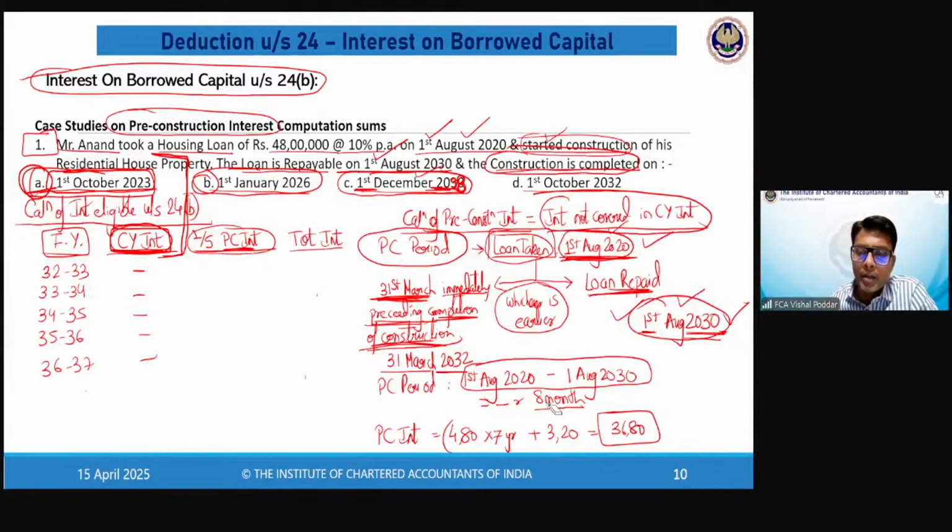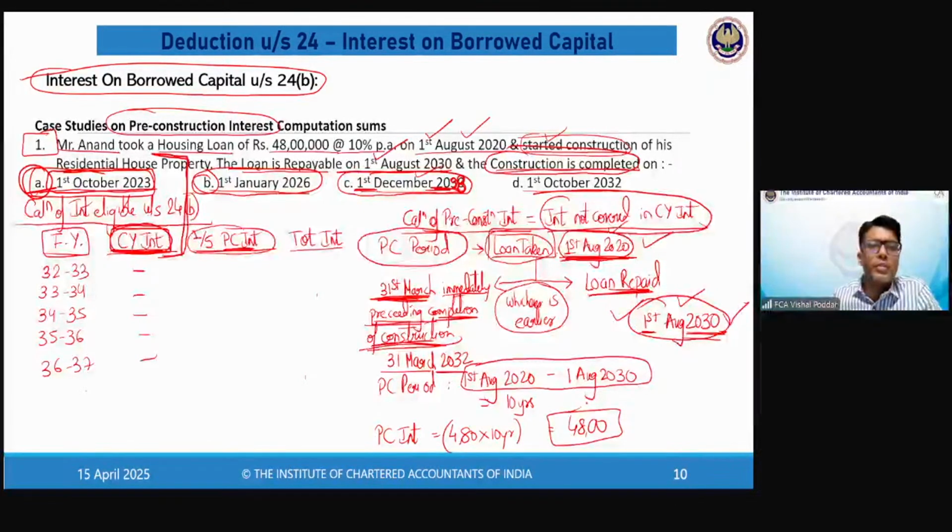That is that entire 10 years. The entire 10 years for which I have paid interest is my pre-construction period. So for 10 years, the interest is 4800. So the entire 10 years of interest I have paid is my pre-construction interest, and 1/5 of this is what I am getting as deduction for 5 years.